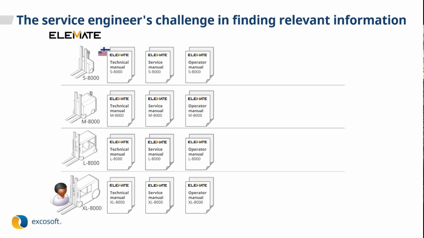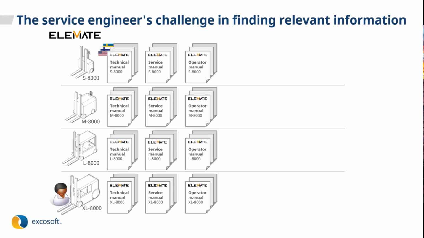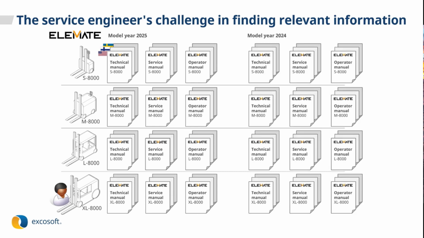They come in different localized languages, and all these are valid for model year 2027. Then we have an equal number of publications for model year 2024. They differ, of course, because in model year 2025 some new features were added.